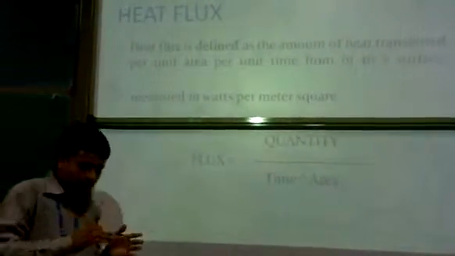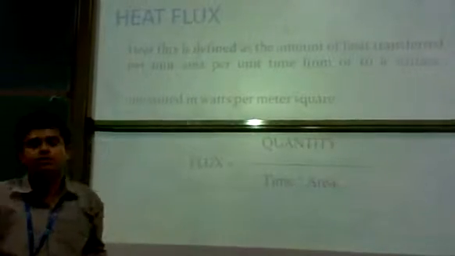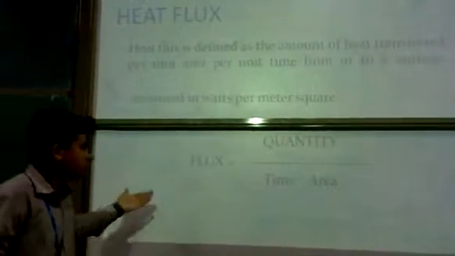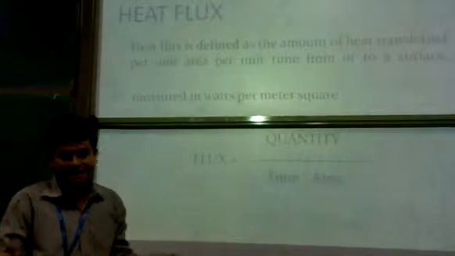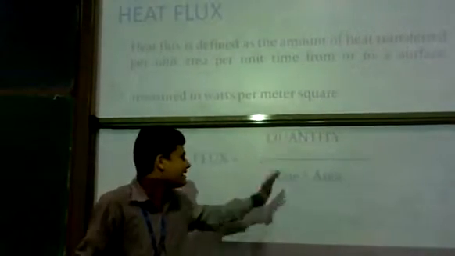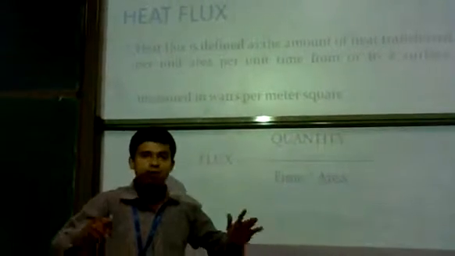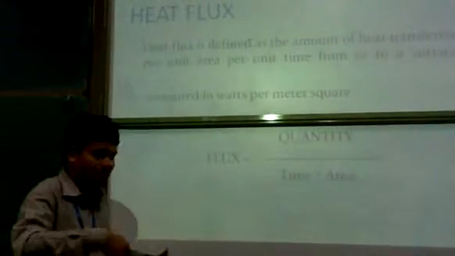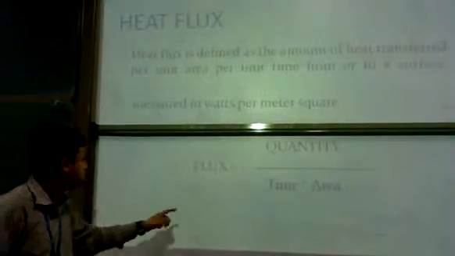The transfer of energy is called heat, but the rate of transfer of heat we call heat rate. So the flux is equal to the heat rate divided by the surface area where we take the reading.